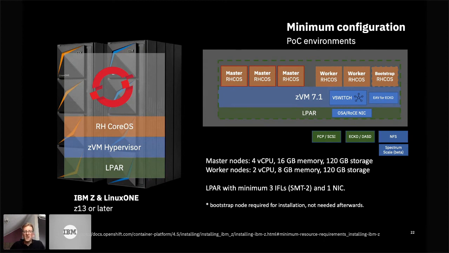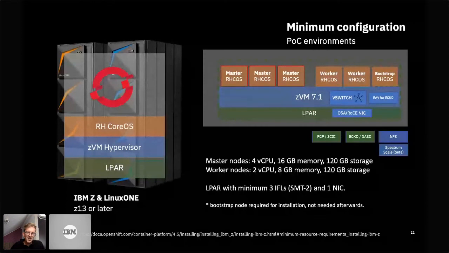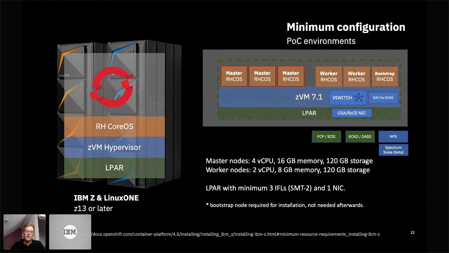The point is that OpenShift does require a lot of synchronization, a lot of monitoring, a lot of communication between the nodes, and a lot of those operations are handled by the master nodes. So you want to be assured that the master nodes have enough resources for the whole cluster to be healthy.